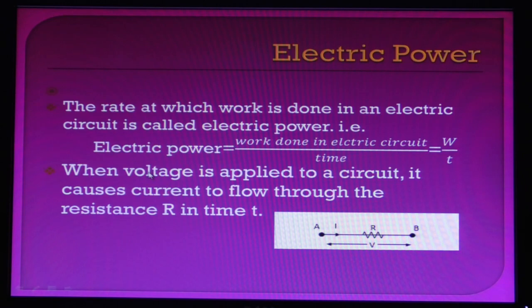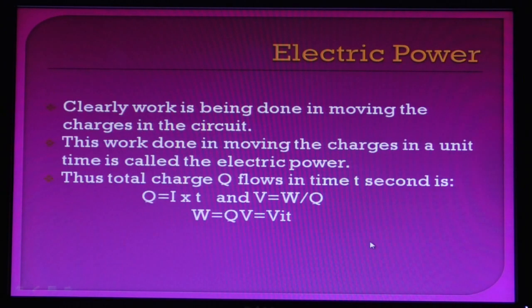This gives you electric power, indicated by capital P. Clearly, work is being done in moving the charges in the circuit. Definitely, when the charges move, we have to do work on them, by providing energy from the cell or the battery. This work done in moving the charges in a unit time is called electric power.